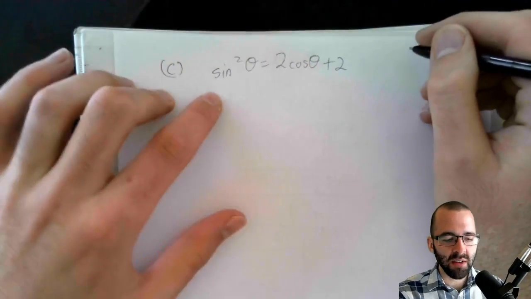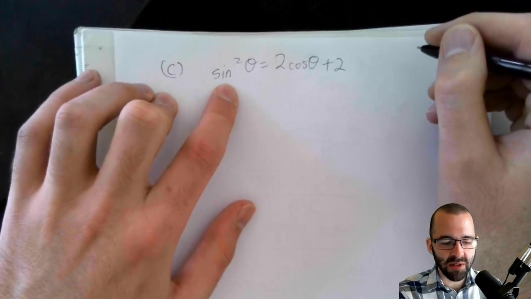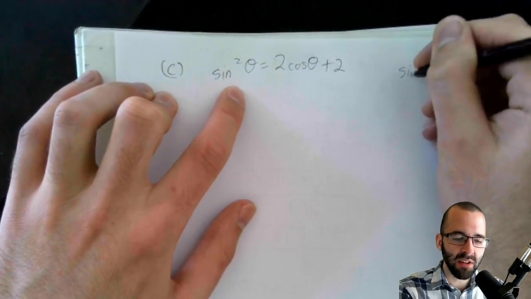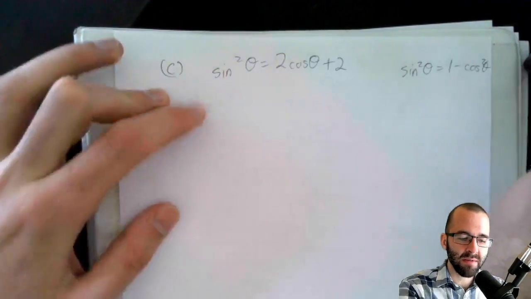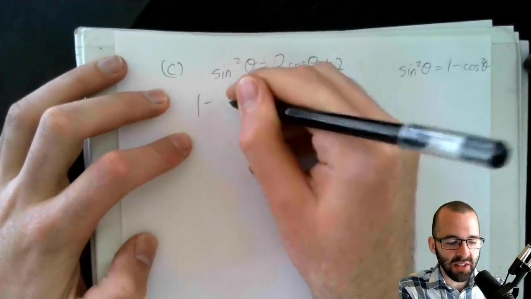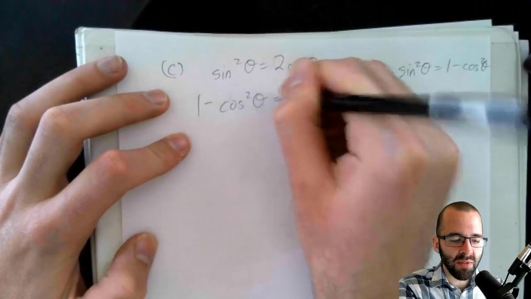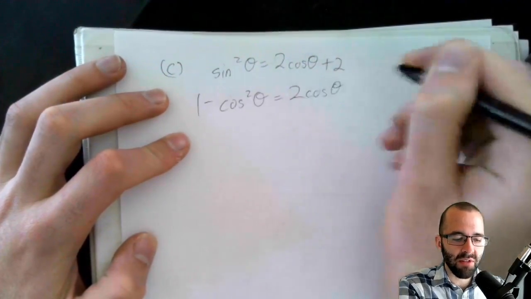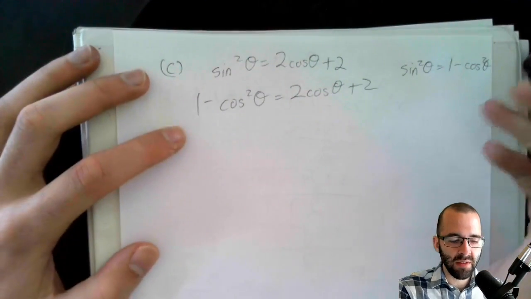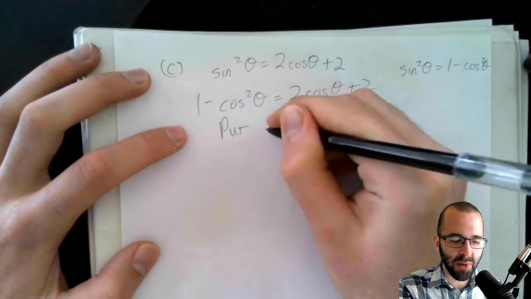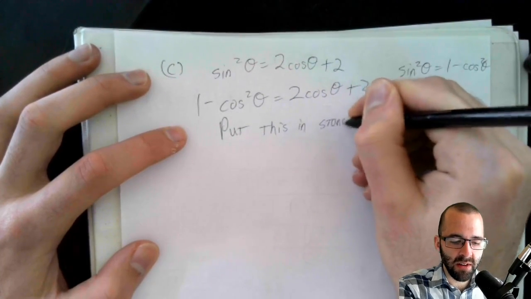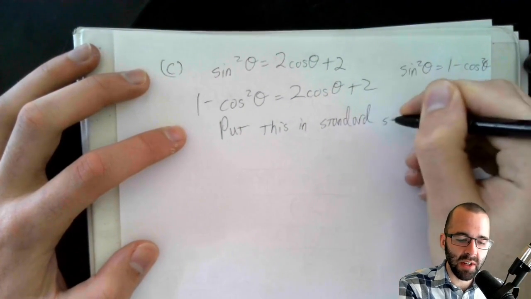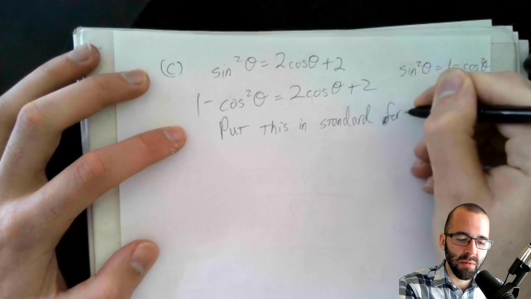All right, so sine squared of theta plus cosine squared of theta is 1, but alternatively, sine squared of theta is equal to 1 minus cosine squared of theta. So you just replace that: 1 minus cosine squared of theta equals 2 cosine of theta plus 2. And what you'll do is put this in standard form and solve, just like we did before.